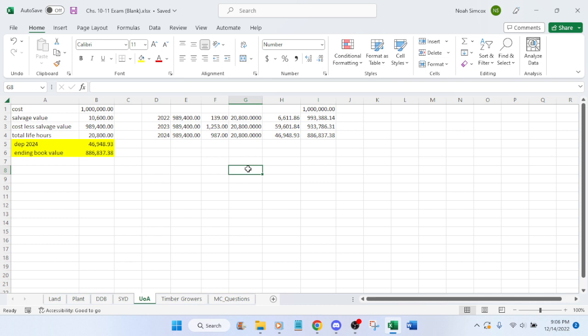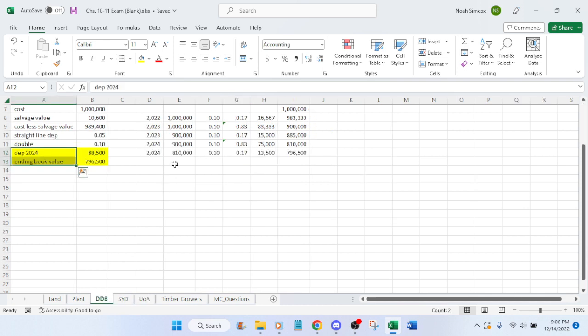Just to review, double declining balance. Make sure you do not forget that you have to only change this number after 1 year of depreciation total has occurred, not after you get to the next year. That's the key for that question.